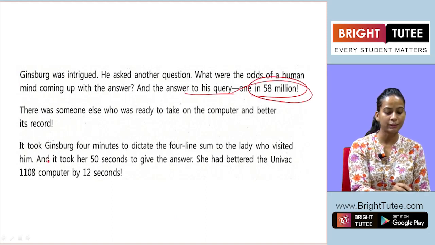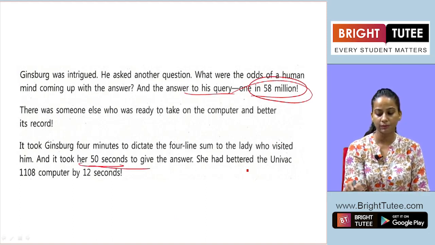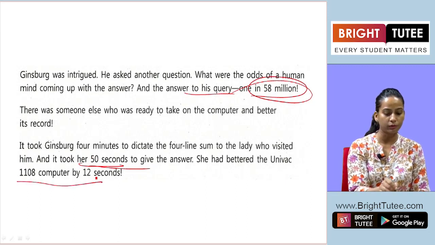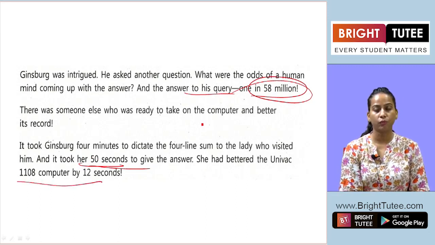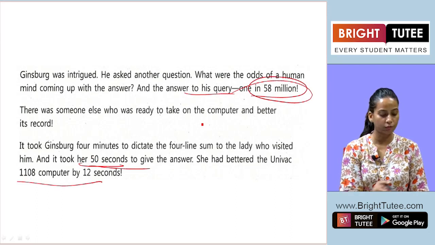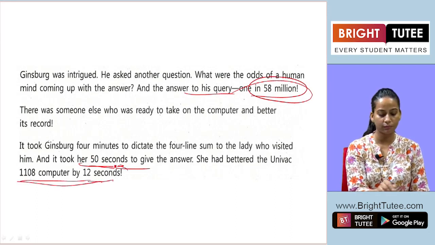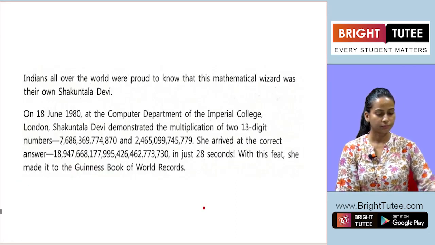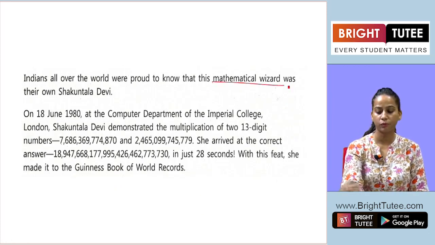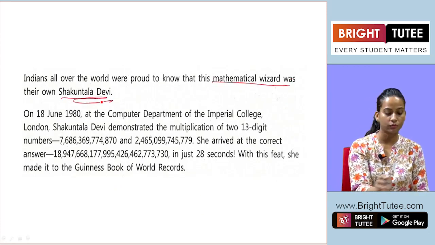Computer and better record. And then the other part we are looking for, took 50 seconds to give the answer. She had bettered the UNIVAC computer. Somebody was able to break the record of that, by 12 seconds. Indians all over the world are proud to know about that. And who was that? Shakuntala Devi.